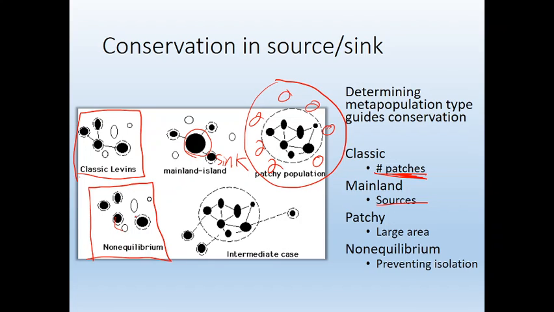Metapopulations are modeled to occasionally go extinct, and if you then have no migration from the other patches back to this now empty patch, that isolation will potentially have the patch go extinct quite quickly.